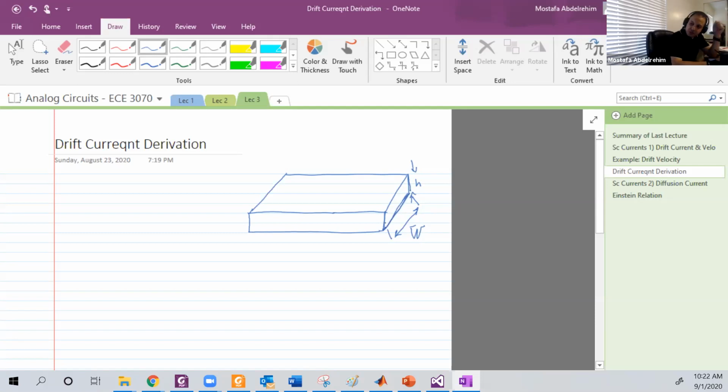And let's assume a piece inside this sample that has a length. So this piece in here has a length of Vn, and this is any type, by the way. I am assuming here it's any type.